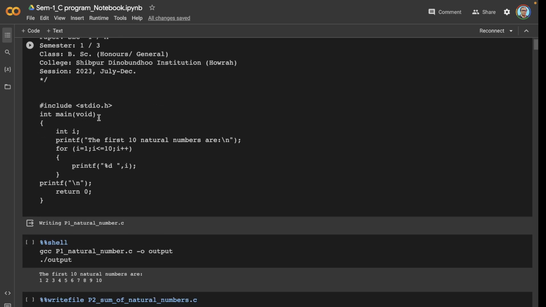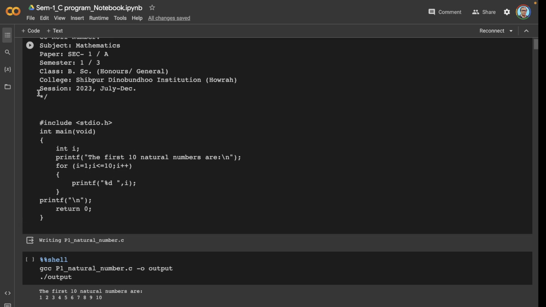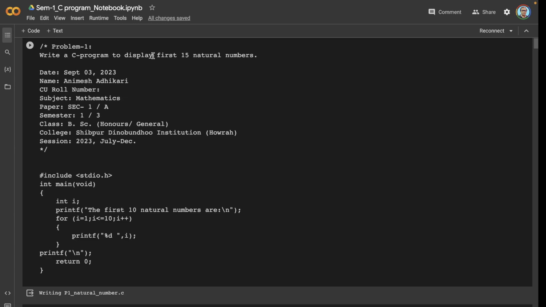Hash include stdio.h, int main. So integer i, printf for this. I want this printf and run this problem, first 50 natural numbers.